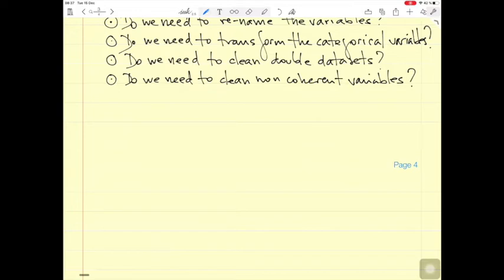Okay. Questions so far? For point 3, the transformation.